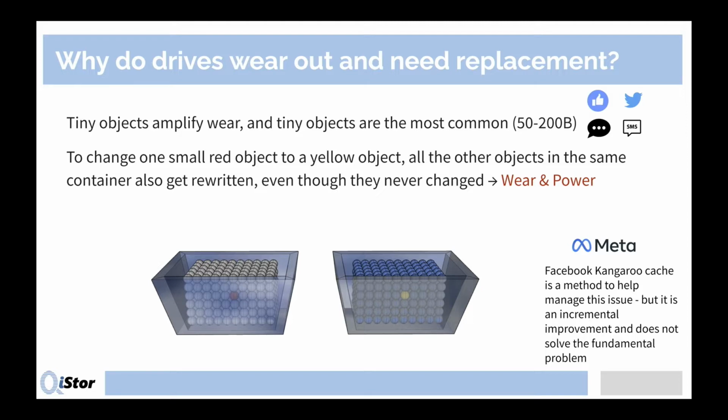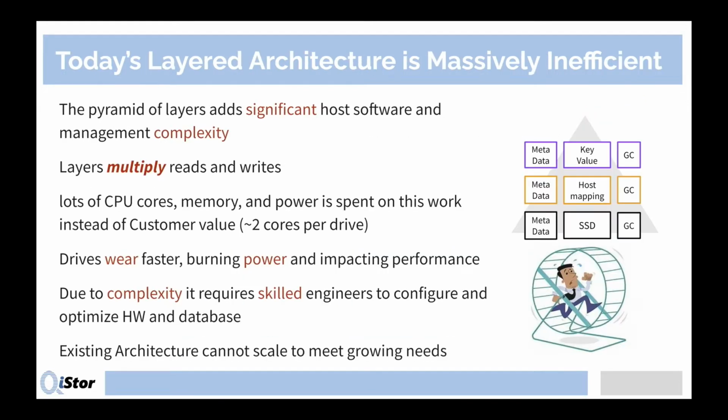And the problem is when you have a fixed size container with a small object and you only want to change one tiny little object in that container, potentially you rewrite all the other objects, even though they didn't change. To change my red ball to a yellow ball, I rewrote all the other balls. And this results in a lot of wear and a lot of power.